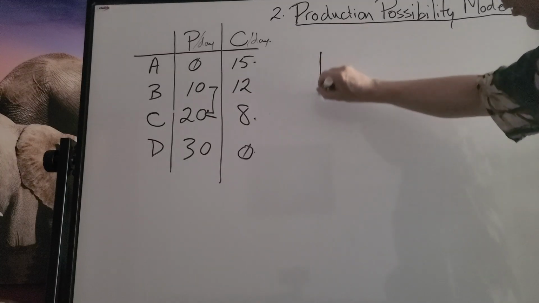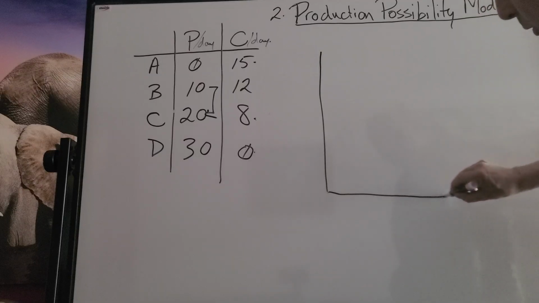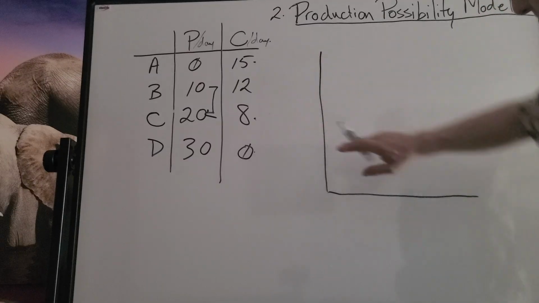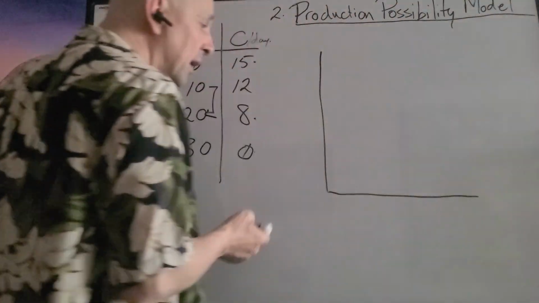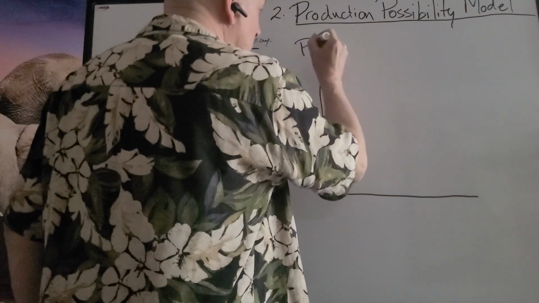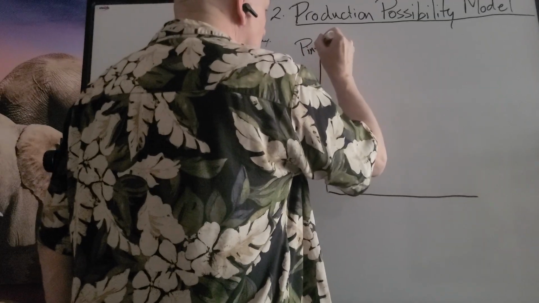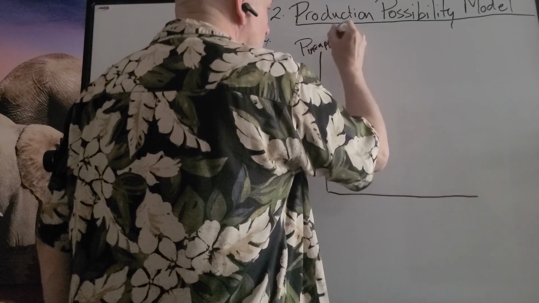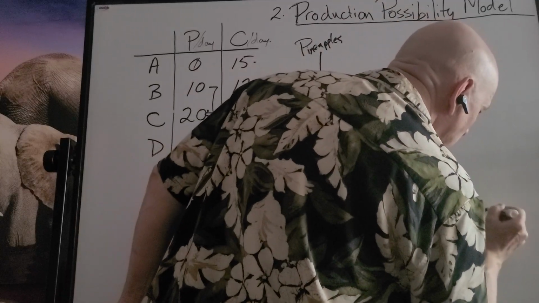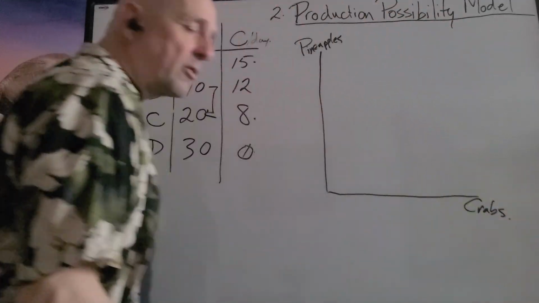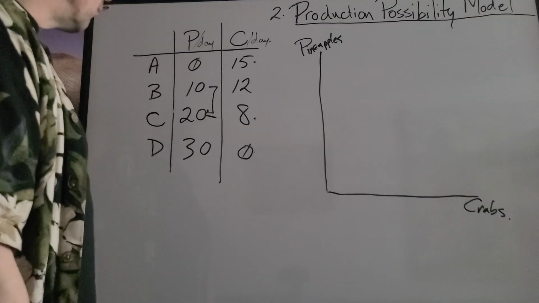So that's what I'm going to do here. I'm going to give you a y-axis and an x-axis. And let's say, we're going to put our pineapples on the y-axis, and we're going to put our crabs on our x-axis, right? Okay.